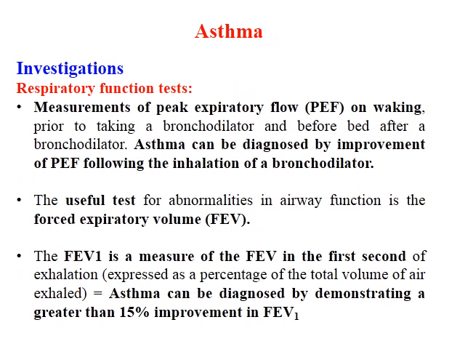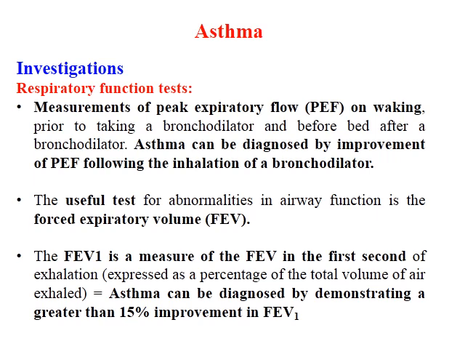Now, how can we investigate patients with asthma? There are different types of investigation or tests. The important one is the respiratory function test, including different types of tests. First one is the peak expiratory flow, which can be measured on waking or before bedtime after inhalation of bronchodilator.